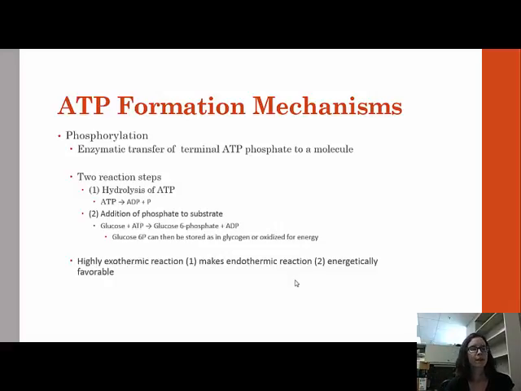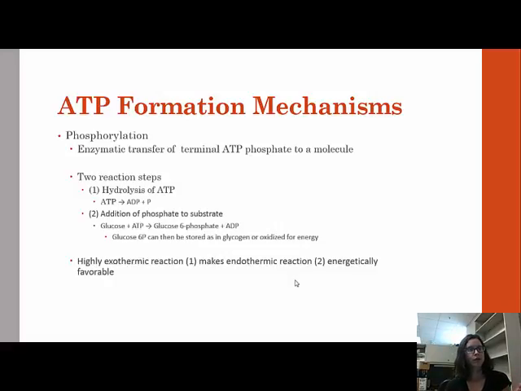And it's a 2-step process. So first we have the hydrolysis of ATP to ADP plus P, and then we have the addition of the phosphate onto a substrate. One example that's very relevant in our field is phosphorylation with glucose. Enzymatic phosphorylation of glucose by ATP is the first reaction that glucose undergoes when it enters the cell.